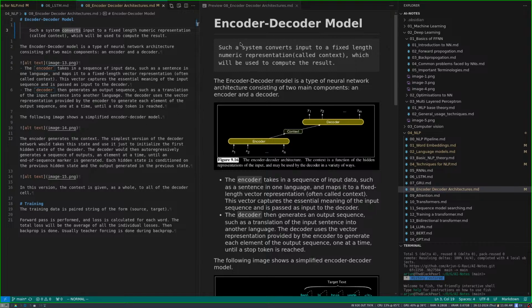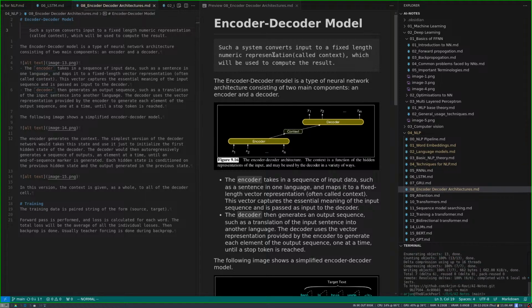The encoder-decoder model: we have the encoder which creates the context, and this context will be used by the decoder.